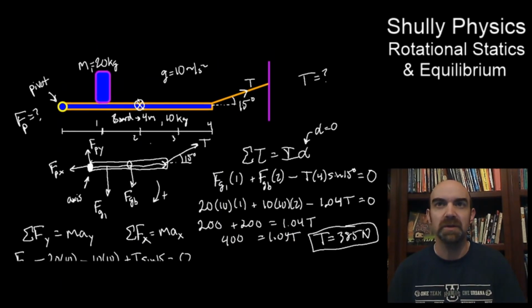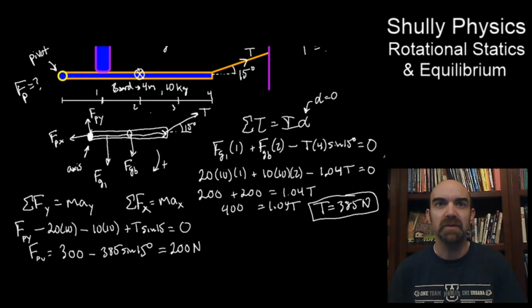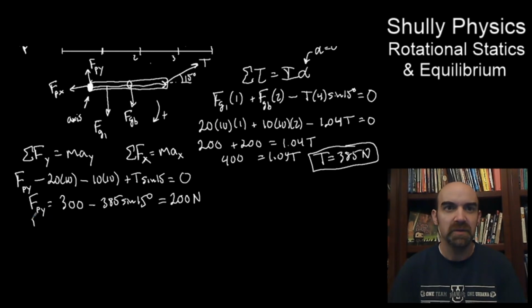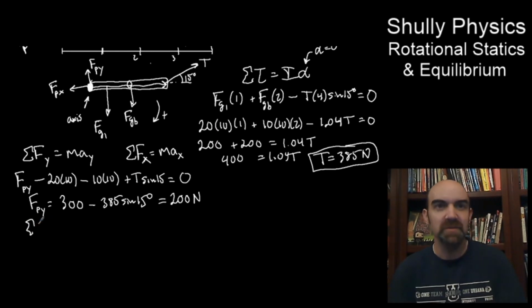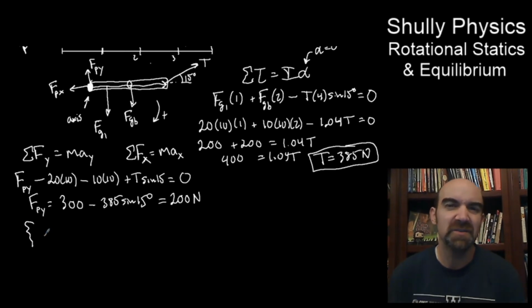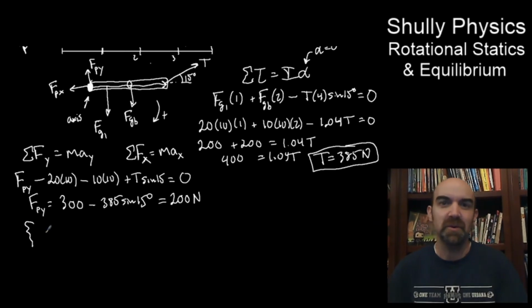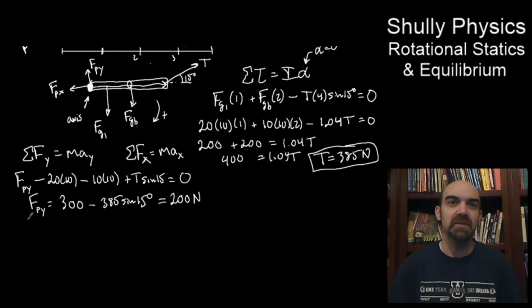All right, let's see what else we have. Okay, we've got the x direction now. Let's move it on. We sum the forces. What is that? I think it's a new Greek letter.